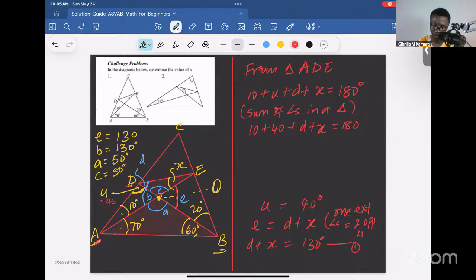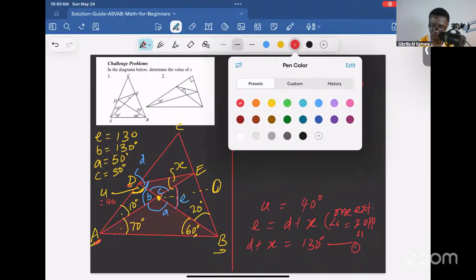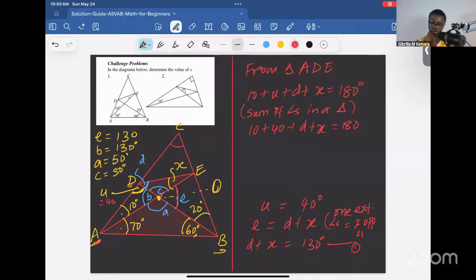So with this, we can get this angle. 80 plus 80, 160. So this is 160. That's 20.